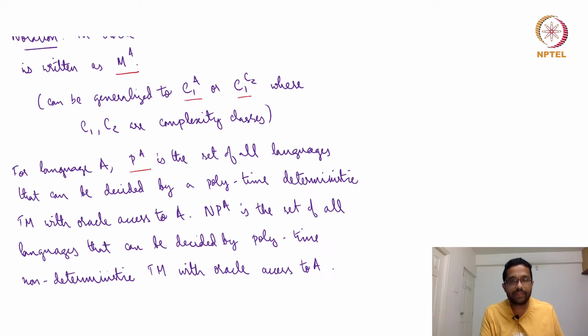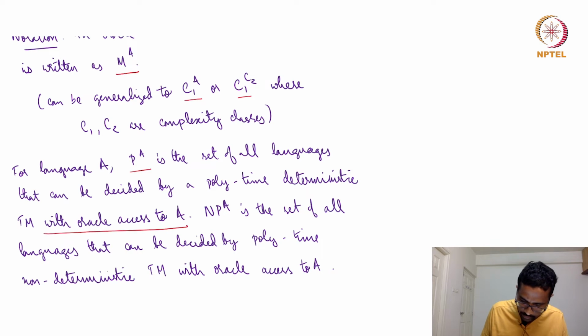But now P superscript A means it is the class of languages decided by deterministic polynomial time Turing machines. This is exactly what it was for P, but with access to an A oracle, right? So this red underlined part was not there for P. So that is the access to the oracle.